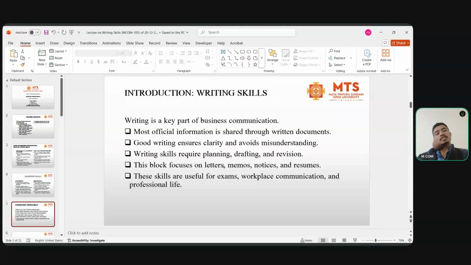Especially in business communication, writing should always be clear, polite, and purposeful. The reader should understand the message easily without any kind of confusion. Writing skills help in creating a professional image. Well-written messages show seriousness, responsibility, and respect.